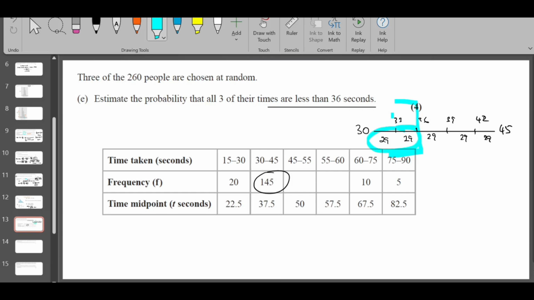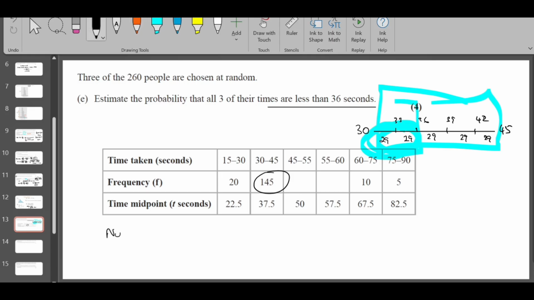But in the exam, you cannot just draw this figure, right? You need to show the working. So this is basically 2 portions of the total 5 portions, right? So you can write number of people is equal to 2 out of 5 times 145 plus the earlier one, there are 20 of it.